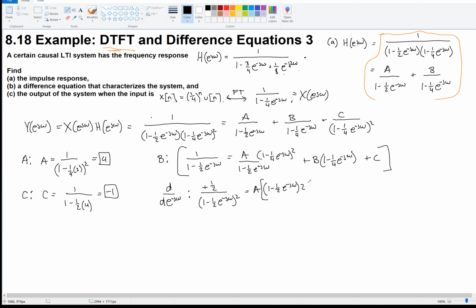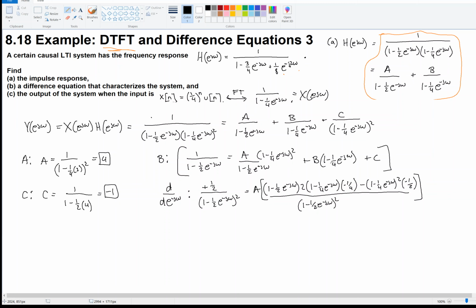The 2 comes down from the chain rule, then I have a negative 1/4. Bottom times the derivative of the top minus the top times the derivative of the bottom, which is just negative 1/2, all over the bottom squared. Yikes. It's not hard, but it's just tedious. Okay, so that's the derivative there.